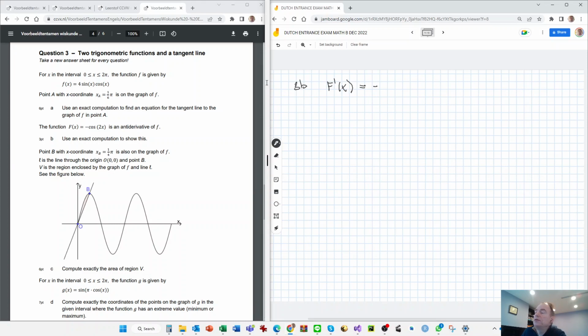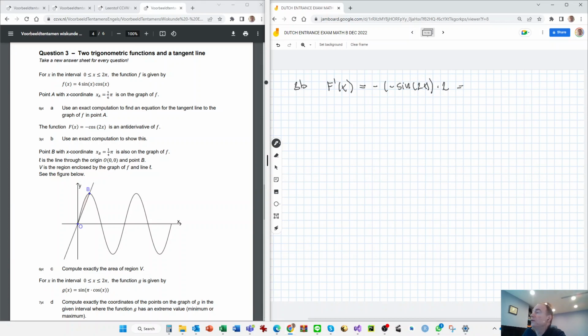the derivative of cosine x is minus sine x. So you get minus sine of 2x, and then with the chain rule times, I need to take the derivative of the inner function here, which is 2.